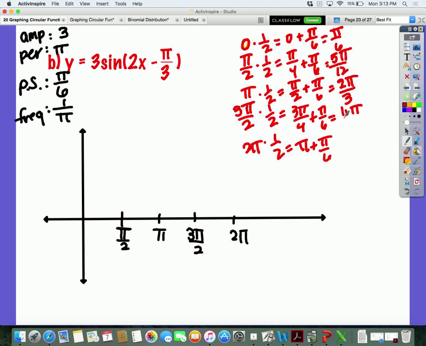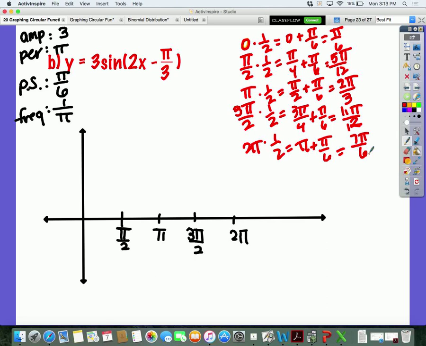And then pi plus pi over 6 is 7 pi over 6. Those values in that last column are the x's of your final graph.